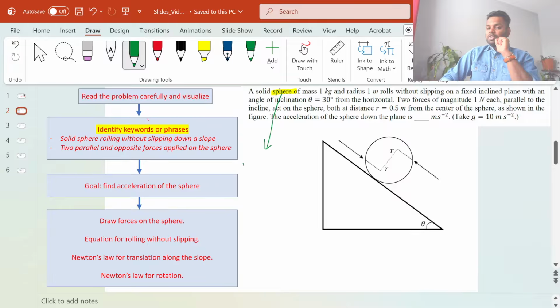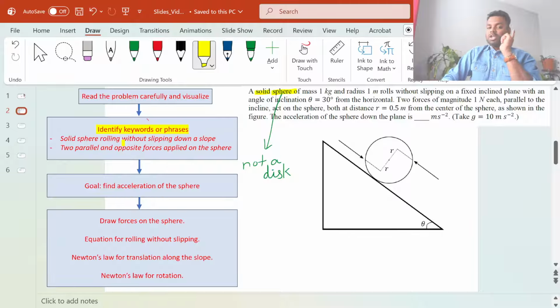A sphere, not a disk, because if you miss this and you assume it is a disk like a cylinder, then when you write the moment of inertia, that will be different and that will change your answer. Okay, and also the other thing is solid, not hollow, solid sphere, right?